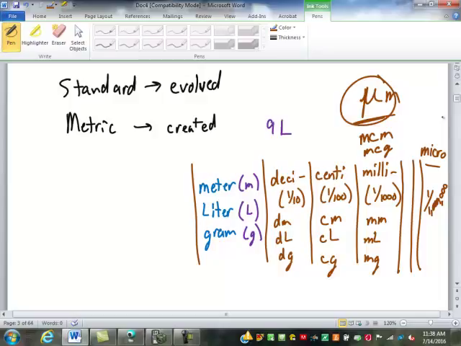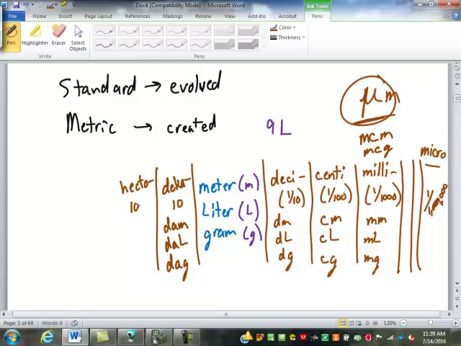Going the other way, deca meant 10. Now D was already used for deci, so for deca they used DA. So DAM was a decameter, DAL was a decaliter, DAG was a decagram. So 10 grams, 10 meters, 10 liters.